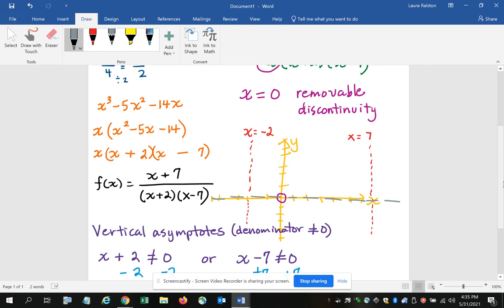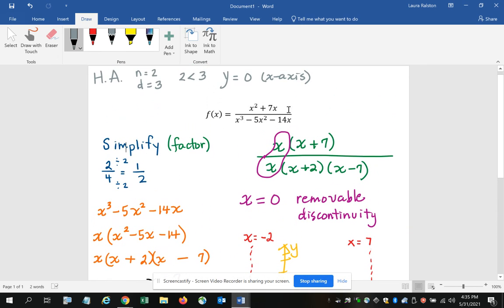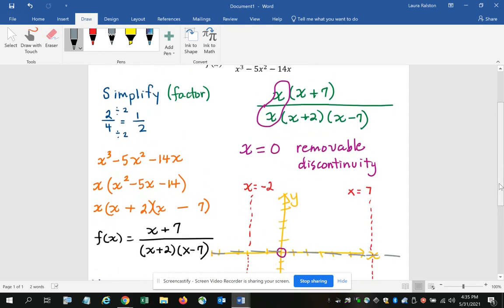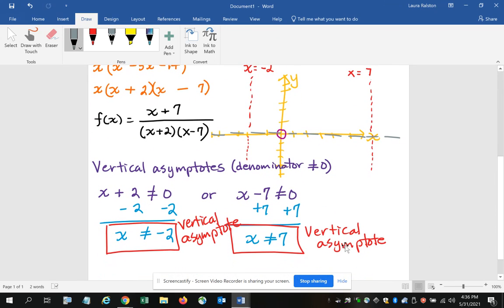But again, to find the removable discontinuity, you want to simplify your rational function. The expression that simplifies out, you set equal to 0 and solve, and that becomes your point of discontinuity. To find the vertical asymptotes, you let the denominator equal 0 or it cannot equal 0, and you solve for x.